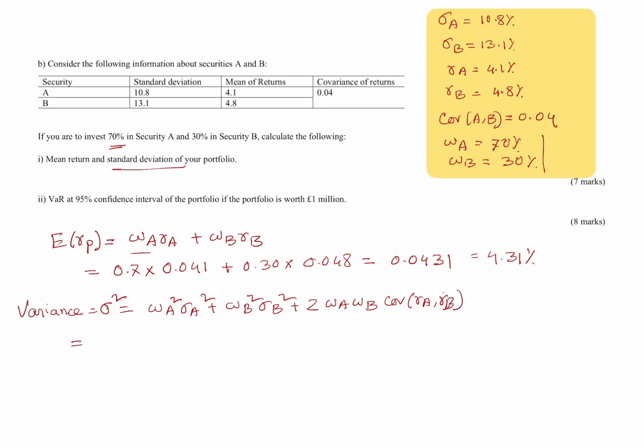Now put all of this information together. So it's 0.7 squared, sigma A square, which is 10.8%, 0.108. Remember, it's square, not the whole square. Sigma B, which is 13.1%.